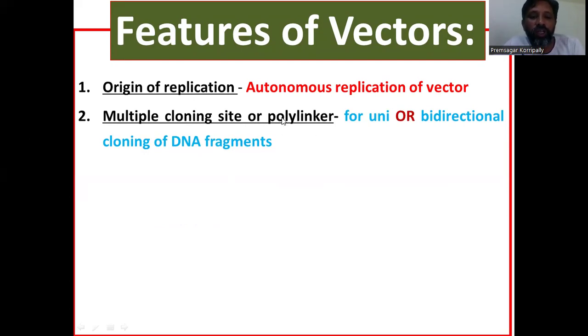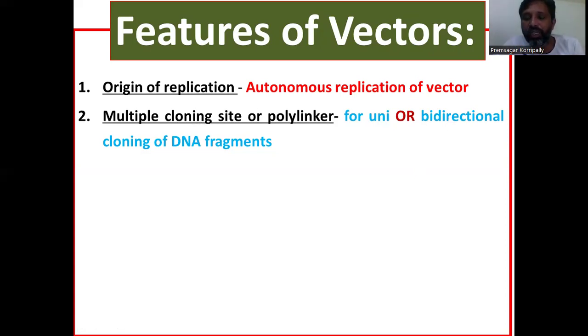A multiple cloning site is nothing but a bunch of restriction sites, which will allow the cloning of your gene of interest in a unidirectional or bidirectional manner.